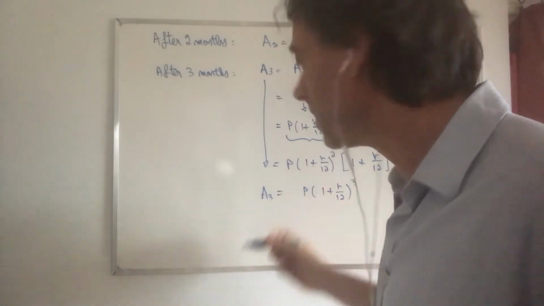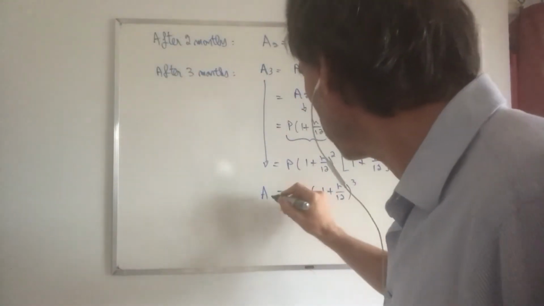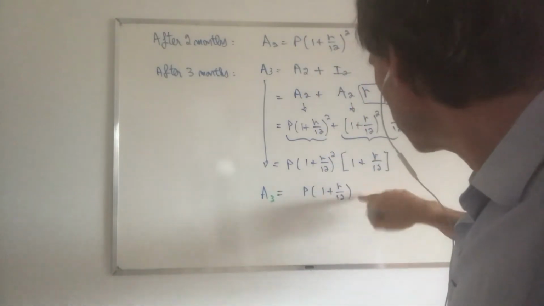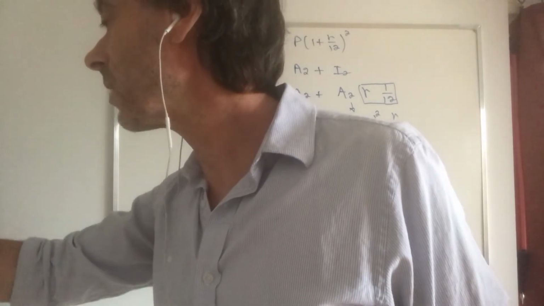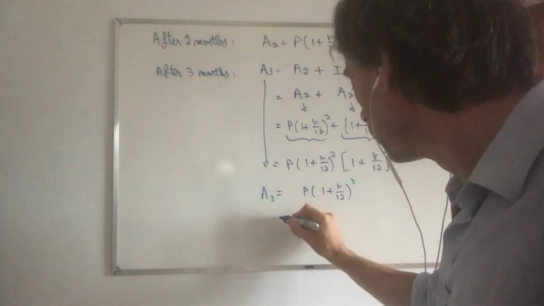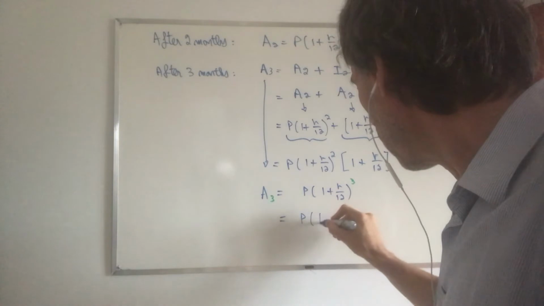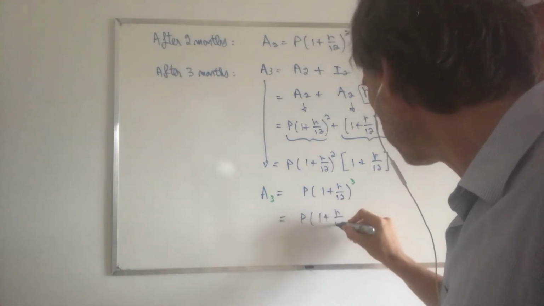So you can see here that a 3 gives a power of 3. That is interesting. Let me actually show you one thing. 1 plus R over 12.